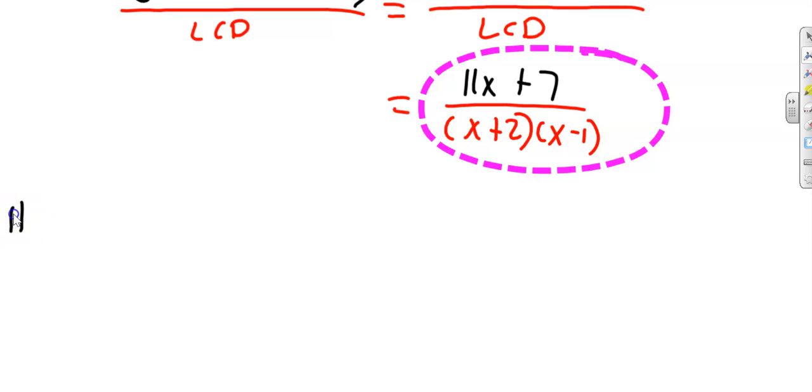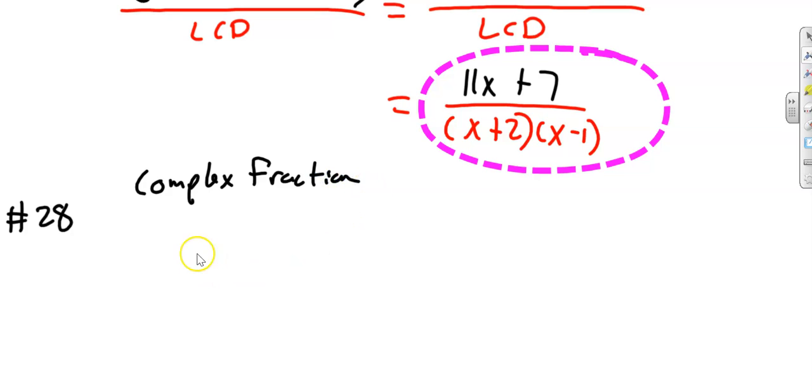Okay, number 28 kind of spins off the least common denominator part because this is a complex fraction. Now, it doesn't say anything about it being a complex fraction. It just says to simplify. I think 27 pretty much does the same type of thing. It's another complex fraction, but just a little different wording on it, but it's still pretty much along the same lines.